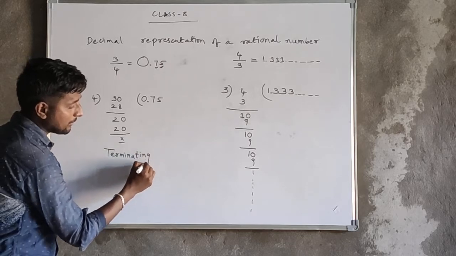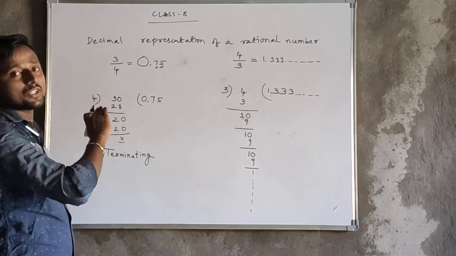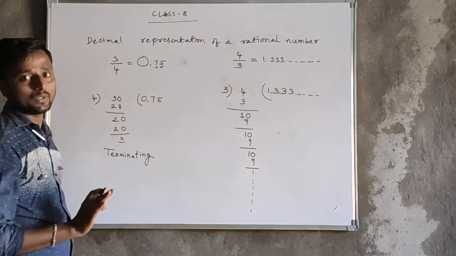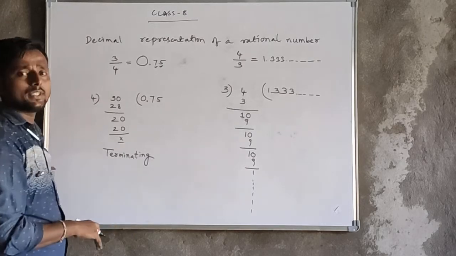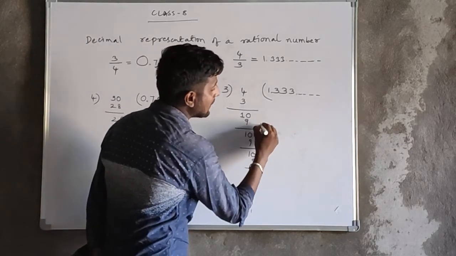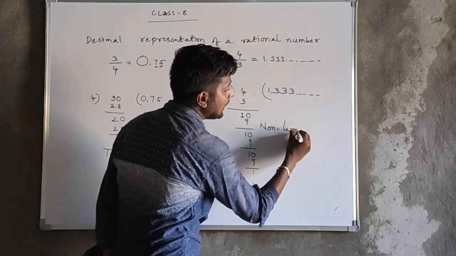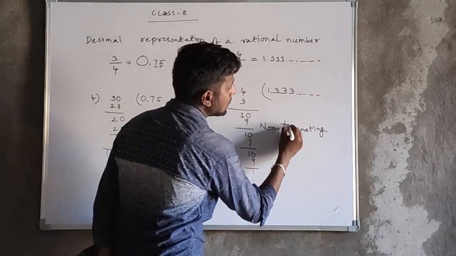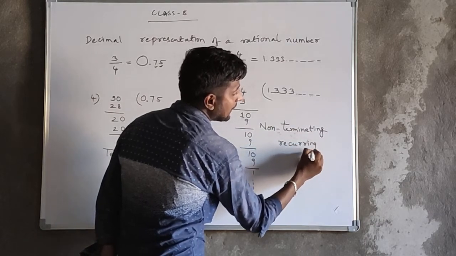Terminating decimal is nothing but, if you want to convert a rational number into decimal form, at a certain place we will get remainder 0, after 2 times or 3 times. But this kind of division is called non-terminating, that doesn't end. Non-terminating, and we can also say recurring. Recurring is nothing but repeating.